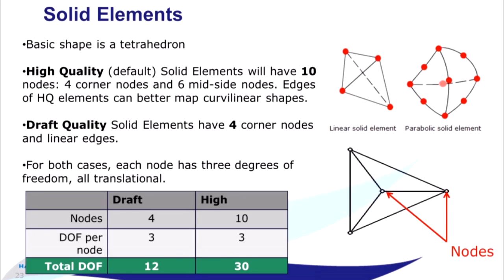Just to talk about those three mesh types, solid mesh is a tetrahedral mesh element. The default element has 10 nodes and curved sides. It's a parabolic second-order element. And one of the things that we look at to estimate the strength or the accuracy is the number of degrees of freedom available in each element.